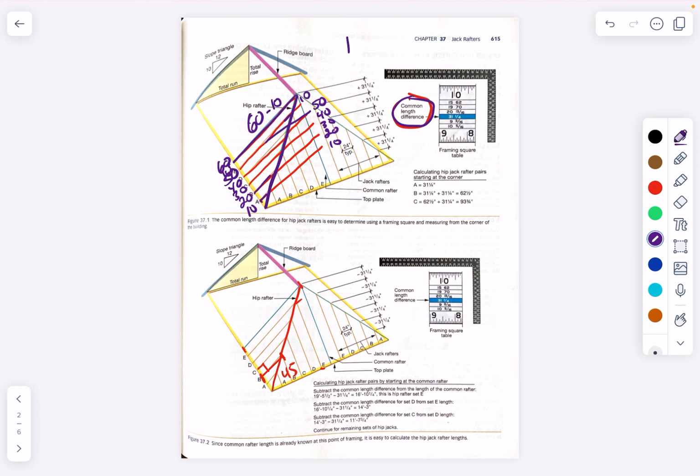So you either start from the ridge towards the corner, or start from the corner and move towards the ridge. You're just doing the opposite procedure. Here you're adding the common difference, and here you're starting with the length of the actual common and subtracting. That is what the common length difference is.